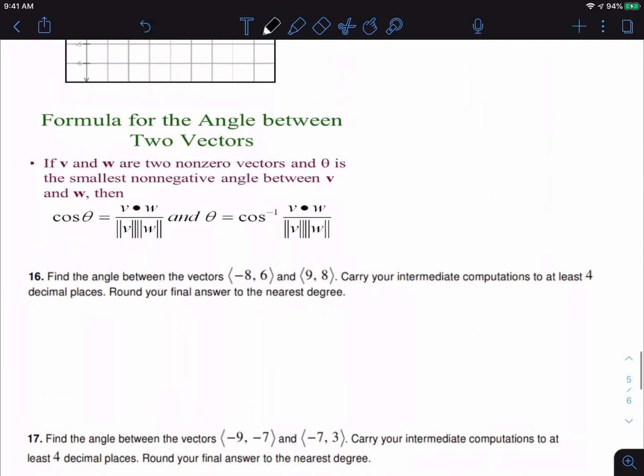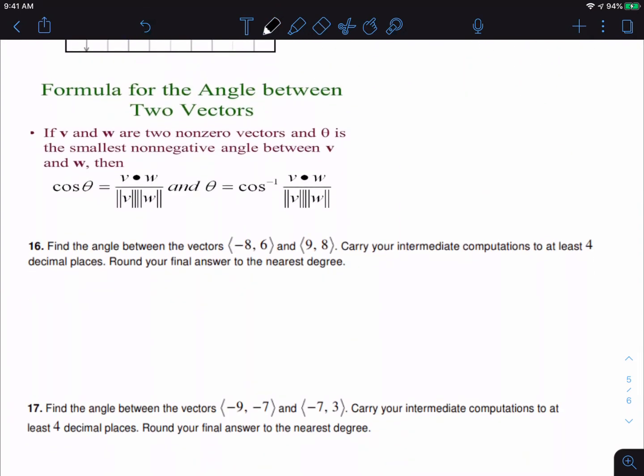All right. So this is how we end up finding the angle between 2 vectors. So what we end up needing is we're going to need the magnitude of 2 vectors and then the dot product of those 2 vectors.